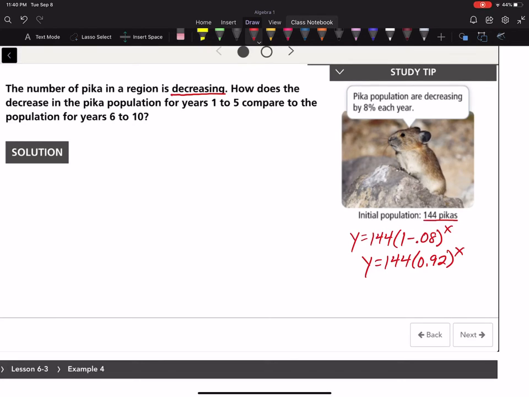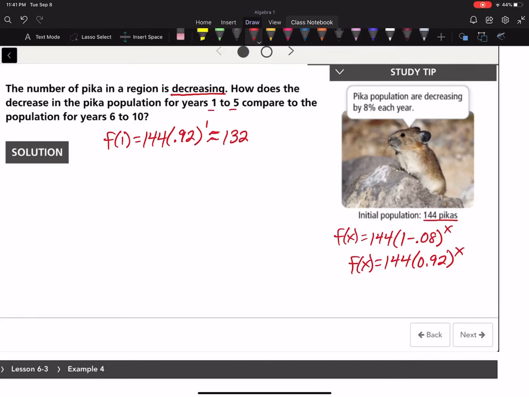So what we're going to do is, I know I labeled this y, but I want to change this to f of x just so I can show you what I'm plugging in. So f of x, I want to find f of 1. That'll be 144 times 0.92 to the 1 power, which is equal to about, again, I'm rounding here, 132.